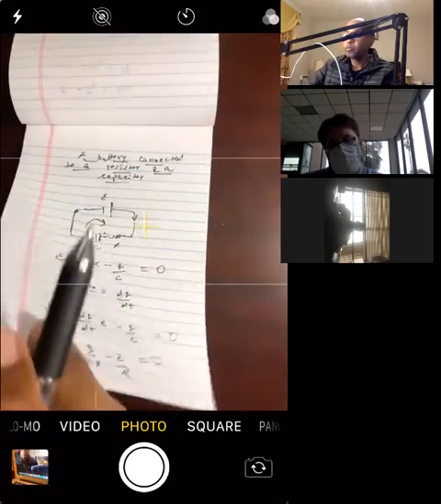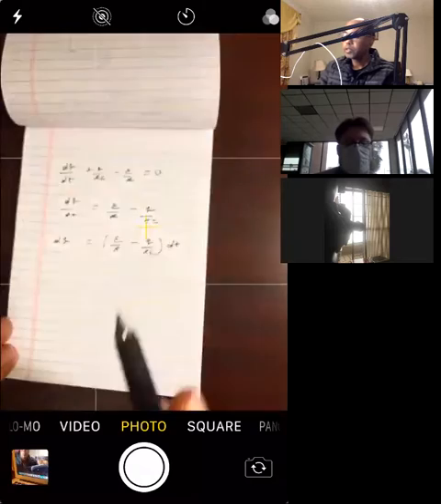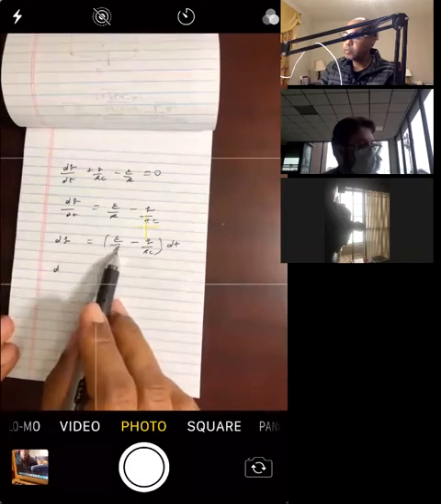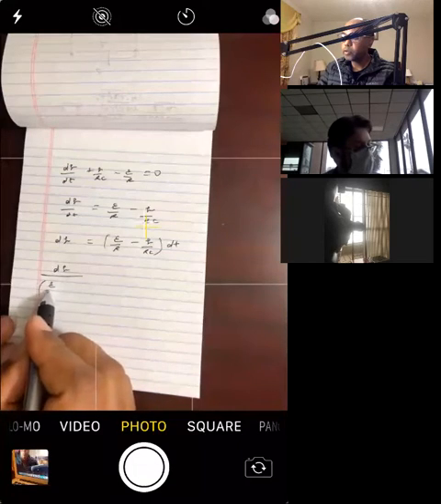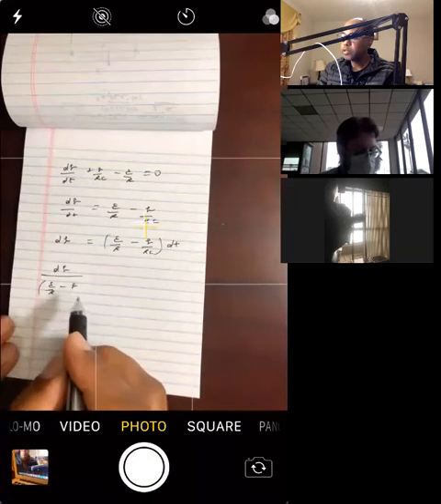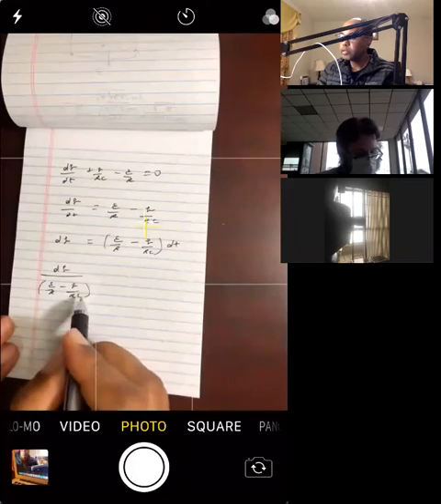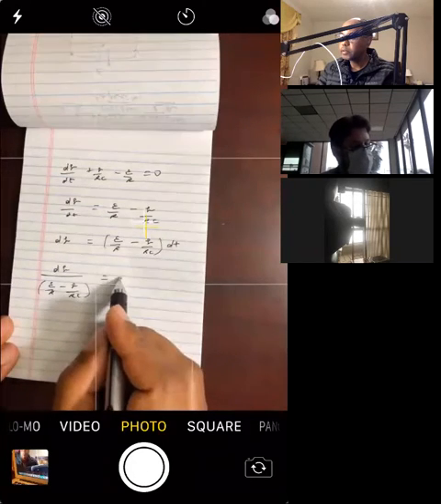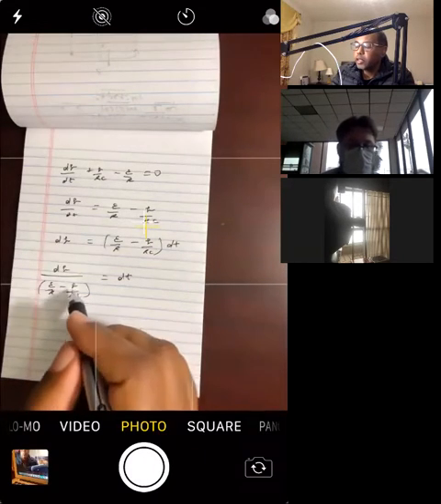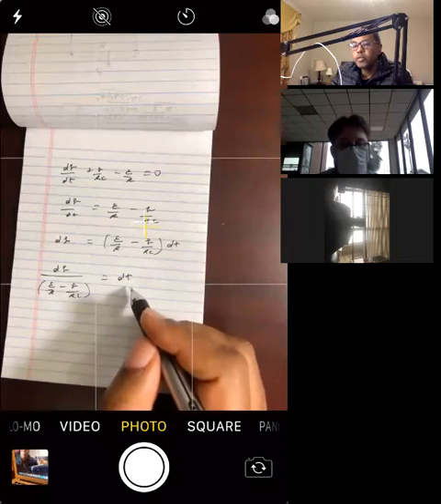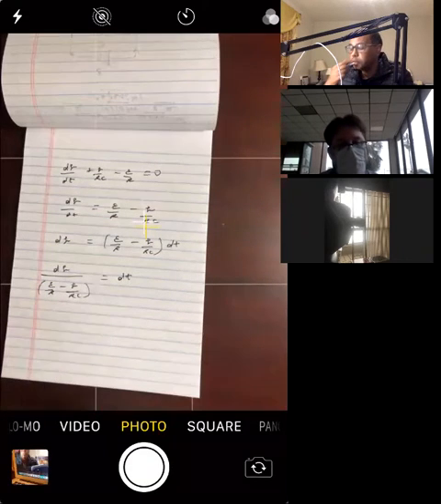All right, so my variables are time and charge. So I can divide by this whole expression and separate q on one side. So you've got dq divided by e over r minus q over rc equals dt. Now I've separated my variables. I have only q on one side, and only time on the other side.